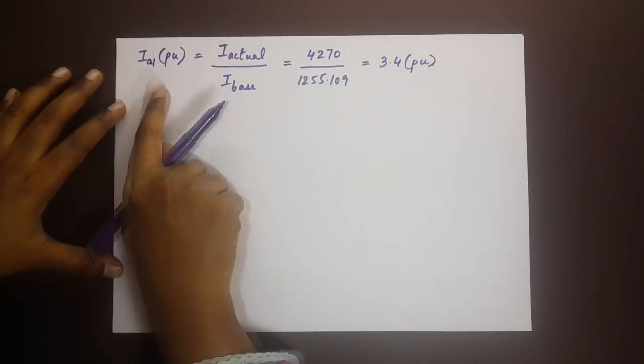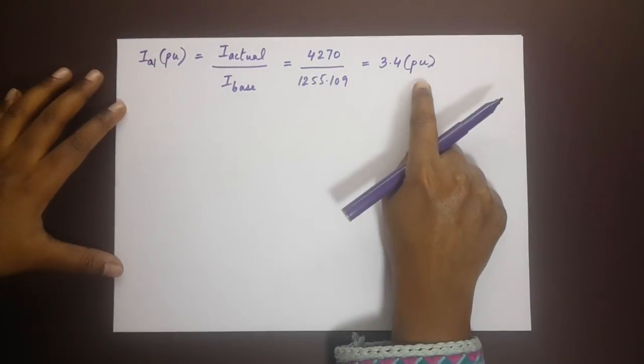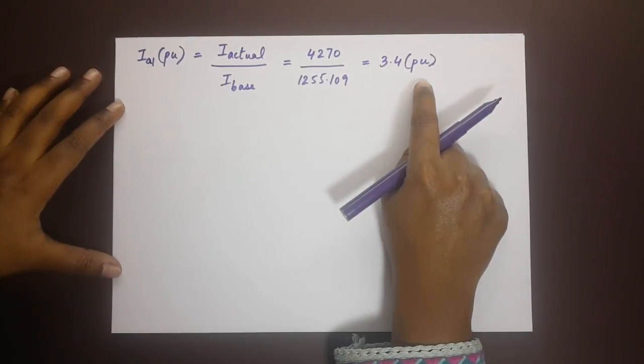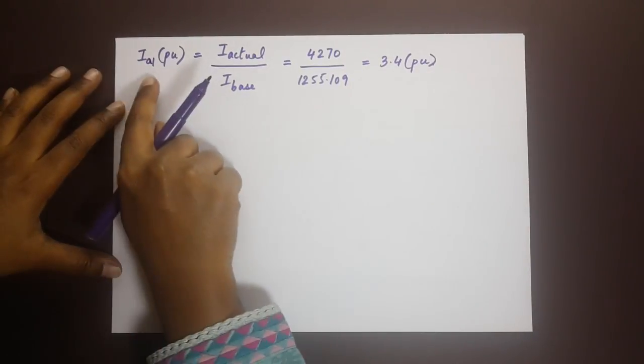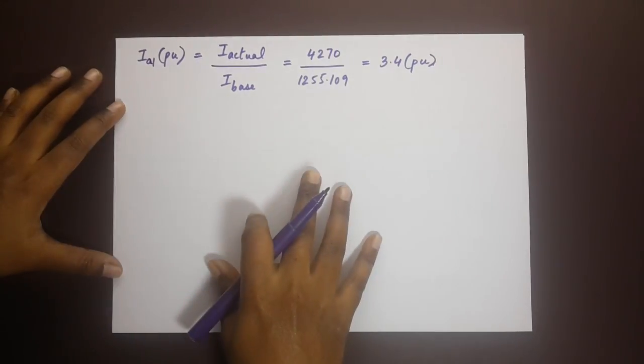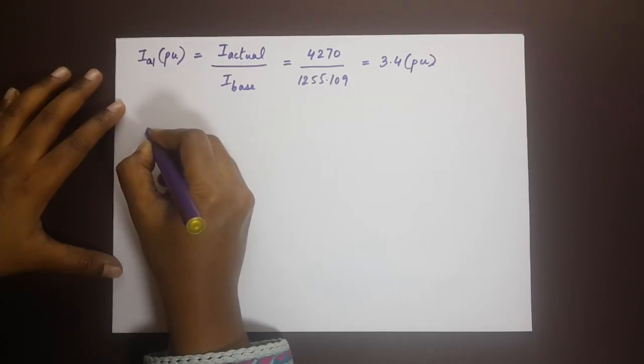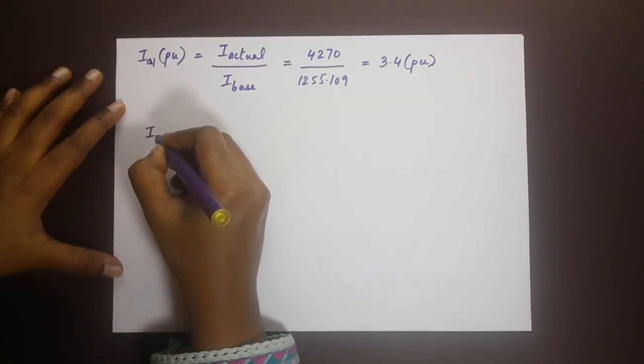Okay, so now that we have the value of the positive sequence current, let's write down the equation of positive sequence current, keeping all the reactances in view for a double line to ground fault.